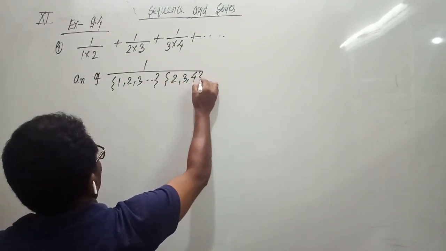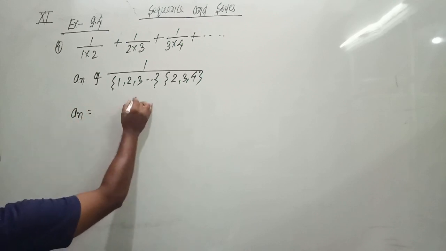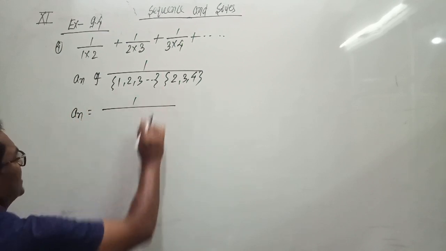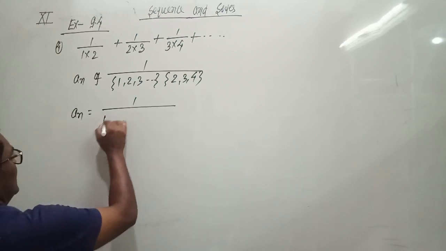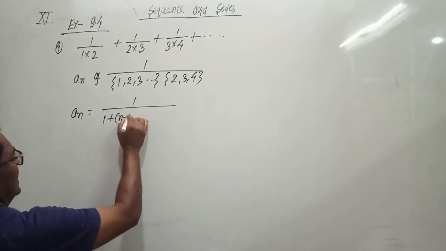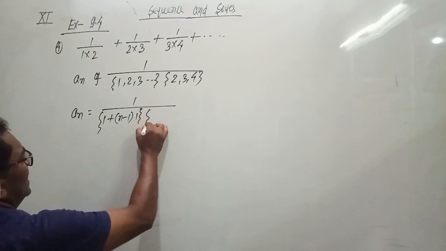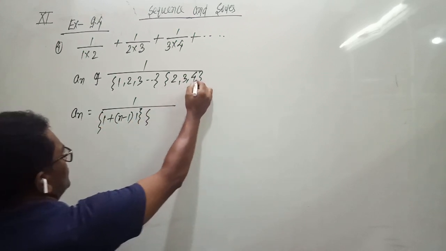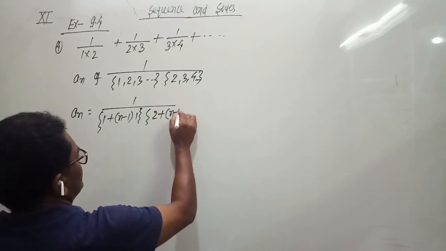So nth term an equals 1 upon the nth term of 1, 2, 3, which is a plus n minus 1 into d. Common difference is 1. And nth term of 2, 3, 4 is a plus n minus 1 into d.